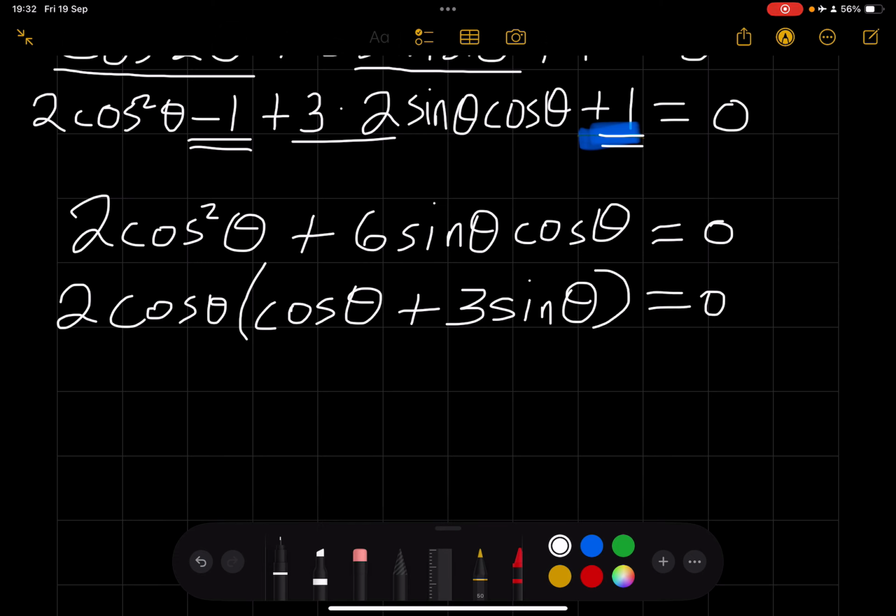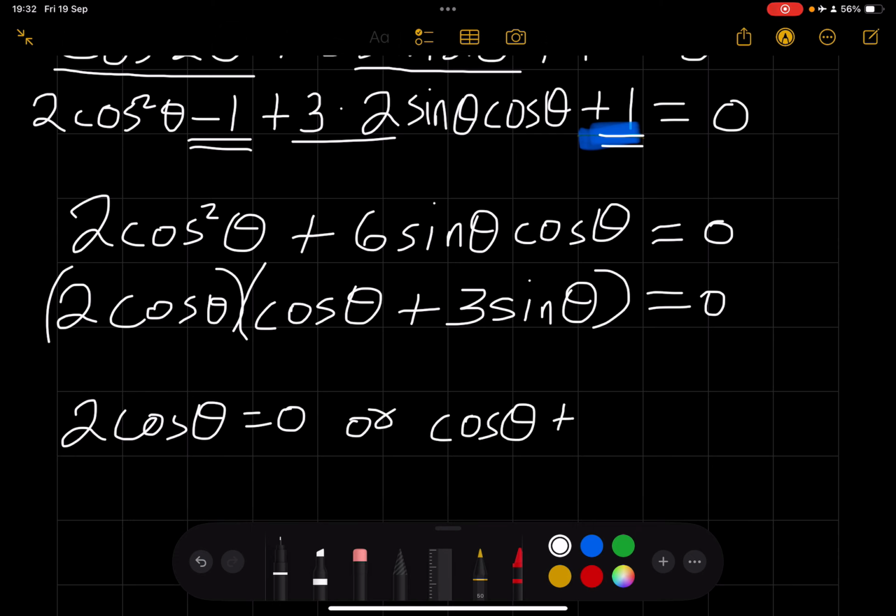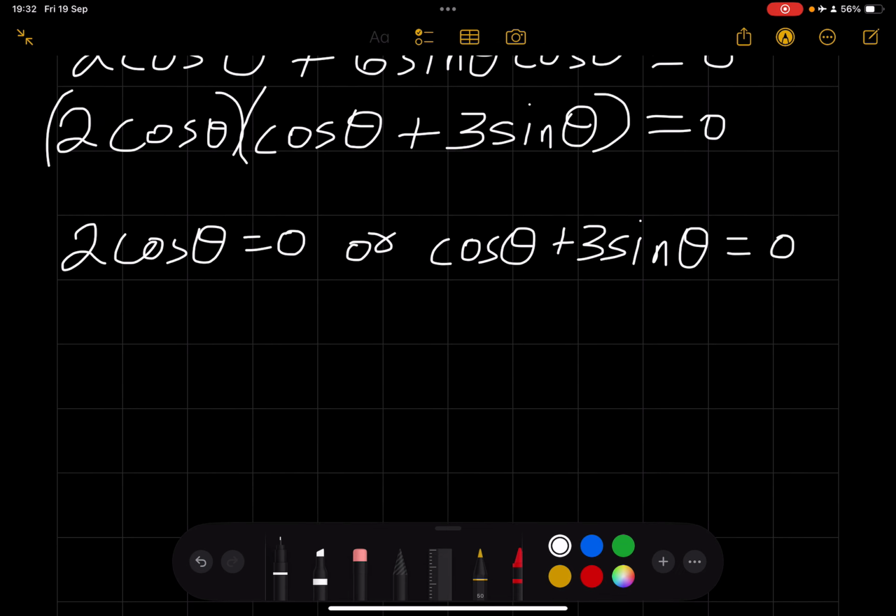Now I can apply the zero product principle. Remember here, it's like we have a bracket as well. So the first bracket will be equals to 0, or the second bracket will be equals to 0. And then if we check here, divide both sides by 2, you just have cos theta is equals to 0 still.